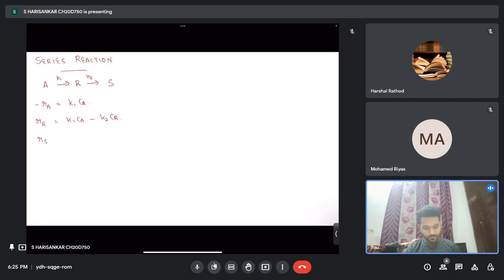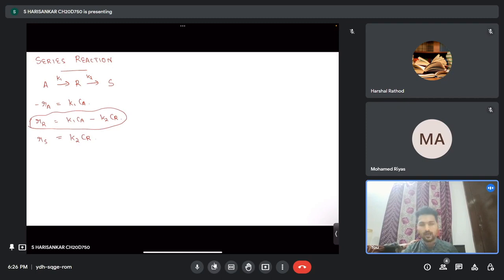So rate of formation of S depends only on the concentration of Cr, and that will be K2 Cr. Okay, so we will use these reaction rate equations to derive a general term for such reactions. So let's see.